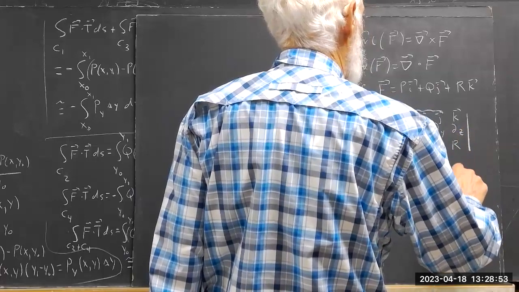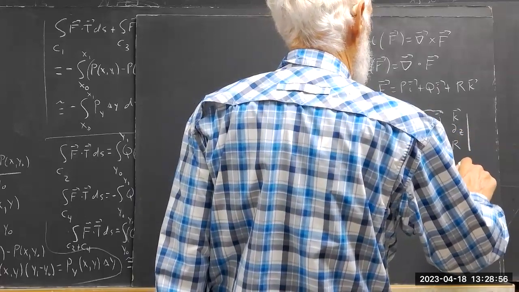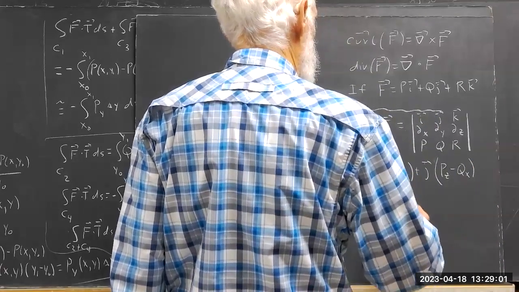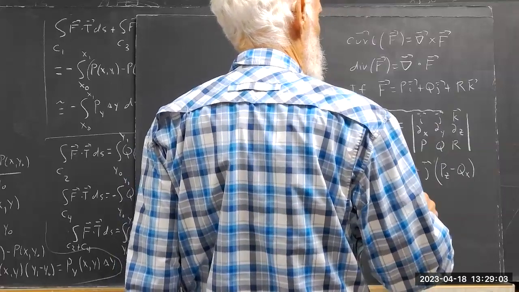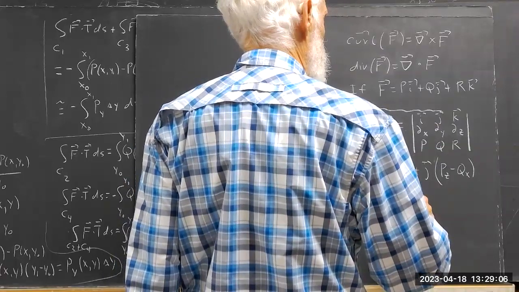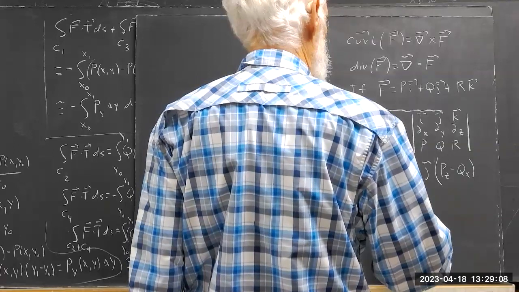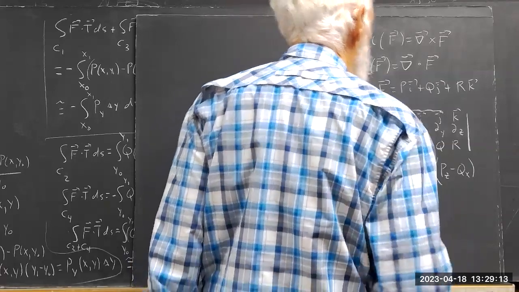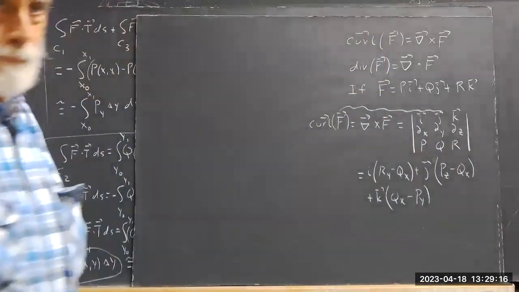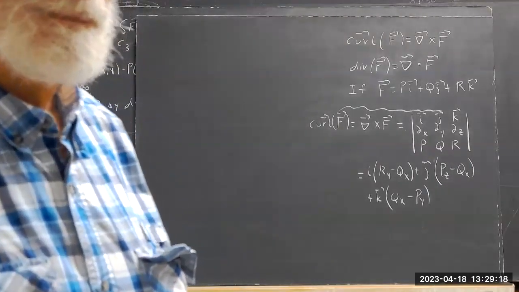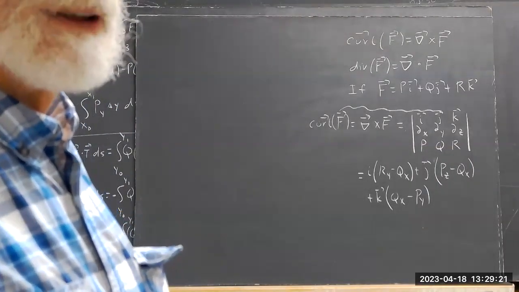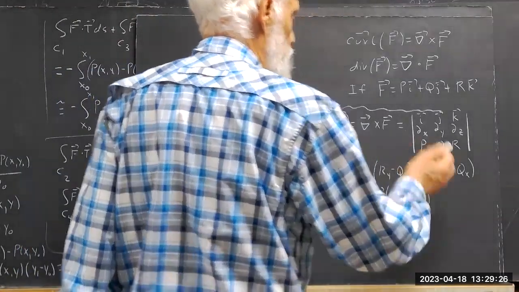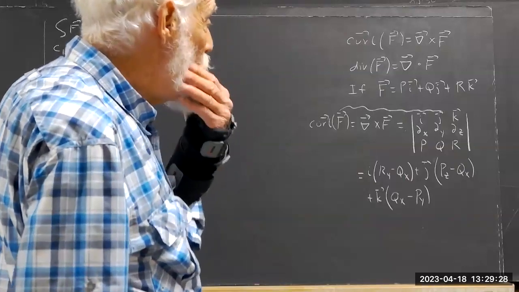The partial of P with respect to Z minus the partial of R with respect to X, plus K times, make sure I get them in the right order, the partial of Q with respect to X minus the partial of P with respect to Y. Okay. You agree? Okay. Well, make sure you get it right, even if I happen to write it down wrong, but I don't think it is.